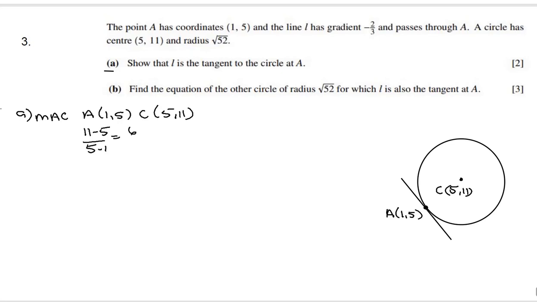This is going to be 6 over 4, which is going to be 3 over 2. All right, now what that means is if this slope, AC, is this, then this slope here has to be the opposite, which is negative, and then the reciprocal, which is going to be 2/3. All right, so now that's the slope that it should be.